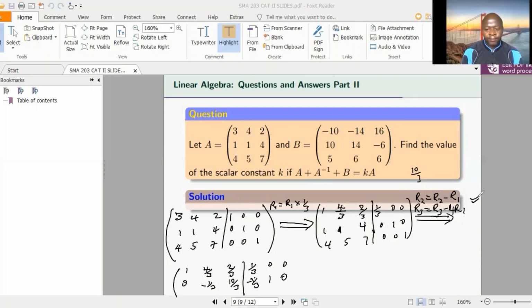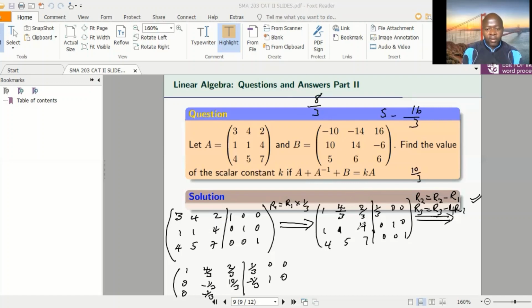I've stated it. Now I want to get new row 3 by subtracting 4 of row 1 from row 3. So 1 times 4 from 4 is 0. This times 4 is 16 out of 3. It is this 16 out of 3 that I'm subtracting from 5. And I get negative a third. Now, 2 out of 3 times 4 is 8 out of 3.